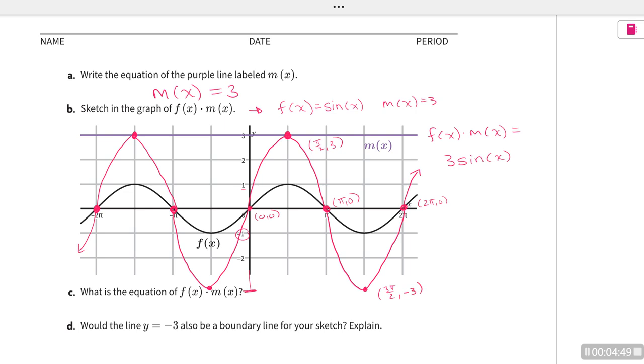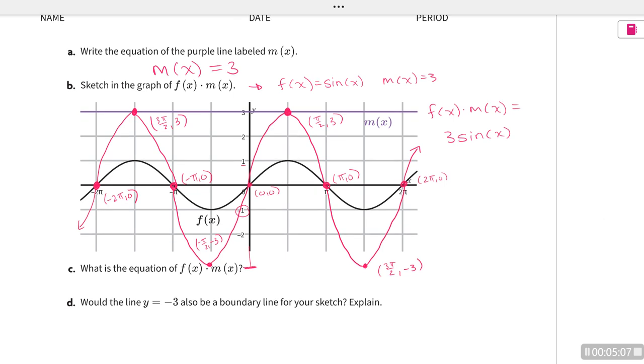And here we have the point, let's put it up in here, I guess, -pi over 2, -3. -pi, 0, 3 pi over 2 positive 3, and negative 2 pi, 0. So that's how that graph is transformed.